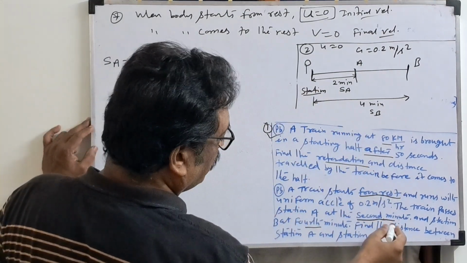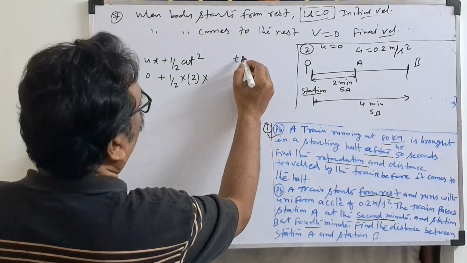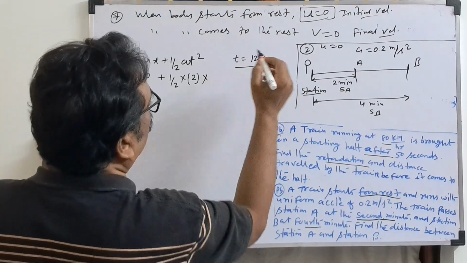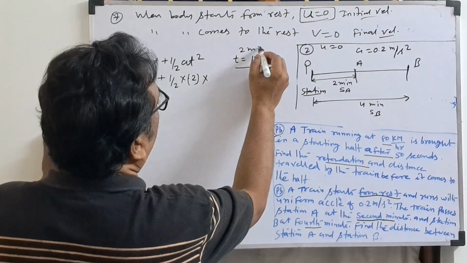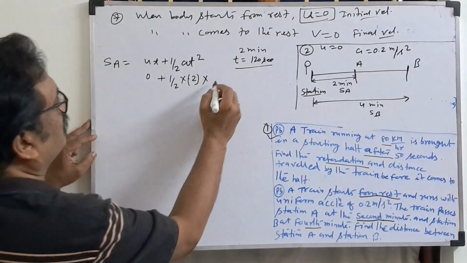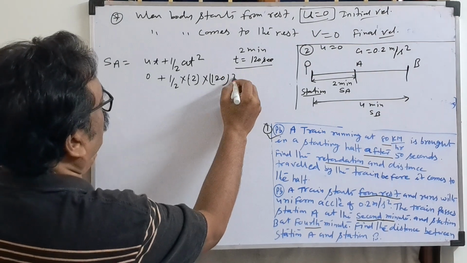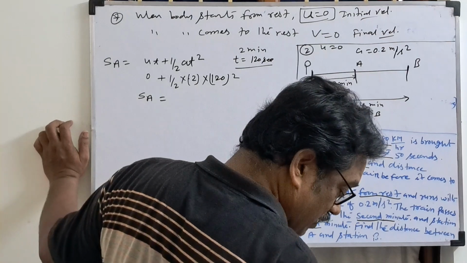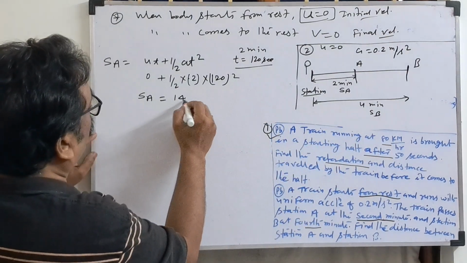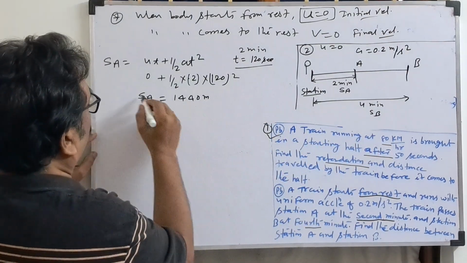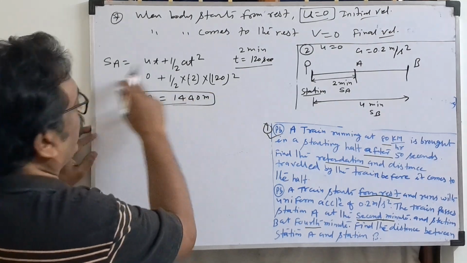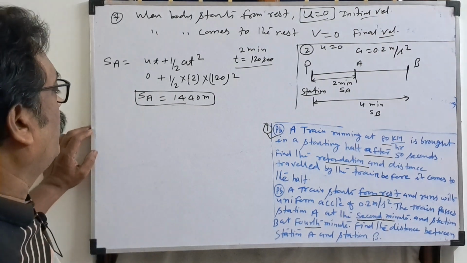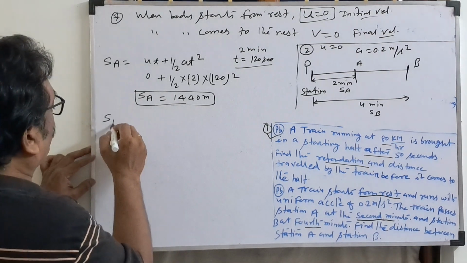How much time is given? 2 minutes. 2 minutes means 120 seconds. So 120 whole square. As SA, I have already calculated, you will get 1440 meter. From P to A, the distance traveled is 1440 meter.